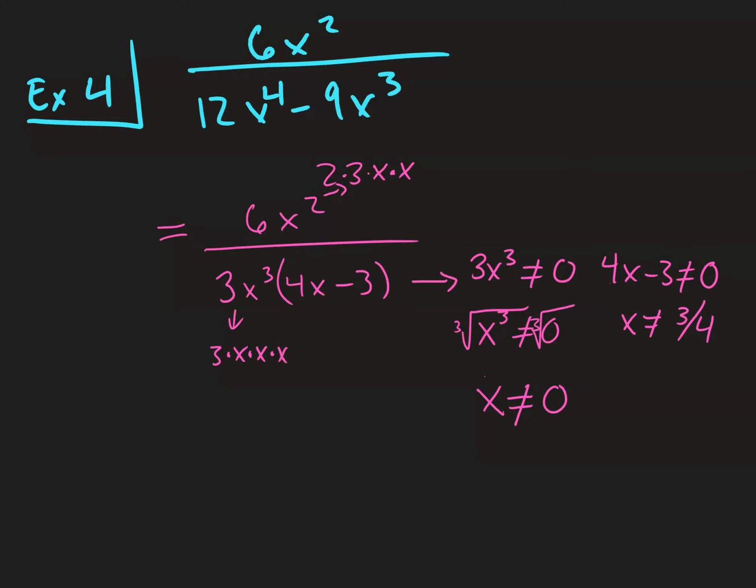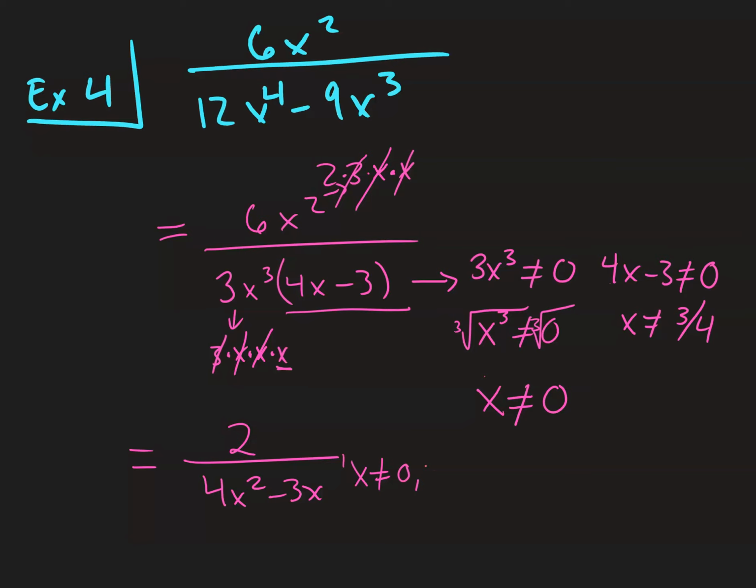So what we can do here is simplify by canceling out a 3 and 2 x's, leaving us with just a 2 in our numerator and just an x times this factor in our denominator, which will end up looking like 4x squared minus 3x after you distribute. Of course, we also need to mention that x cannot be equal to 0 or positive 3/4.